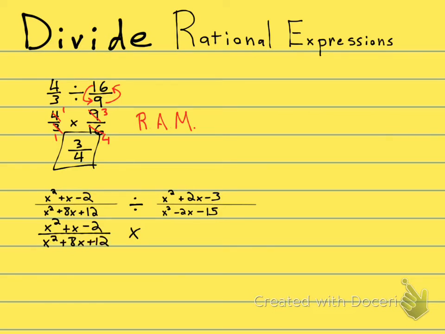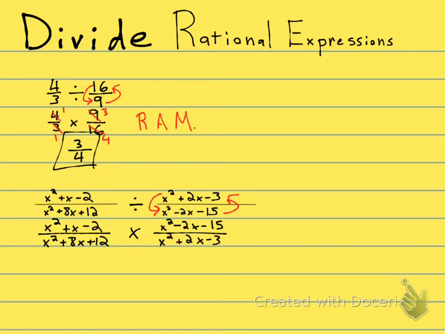And I'm going to multiply it times the reciprocal of this one. The reciprocal is x squared minus 2x minus 15 over x squared plus 2x minus 3.